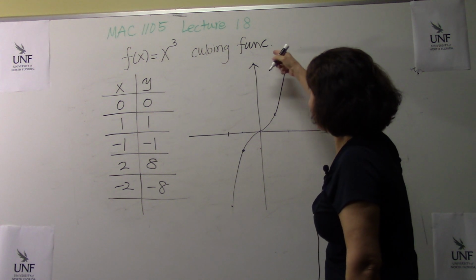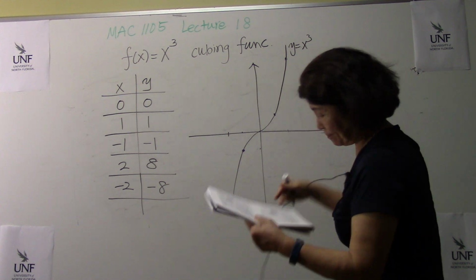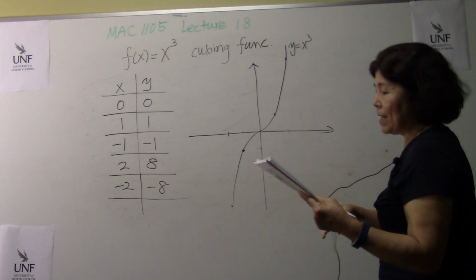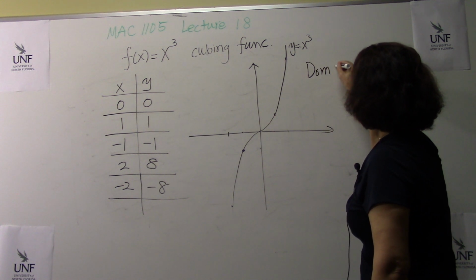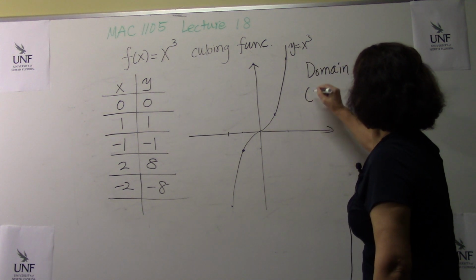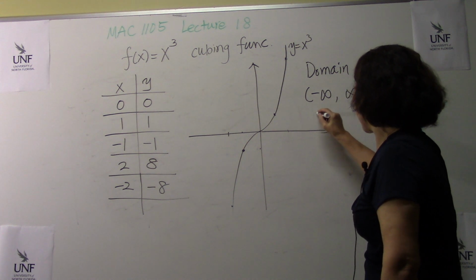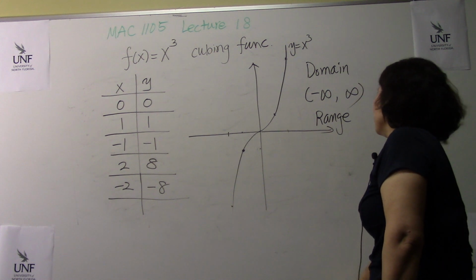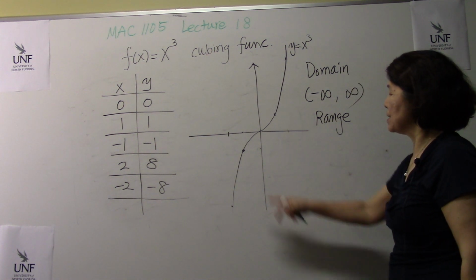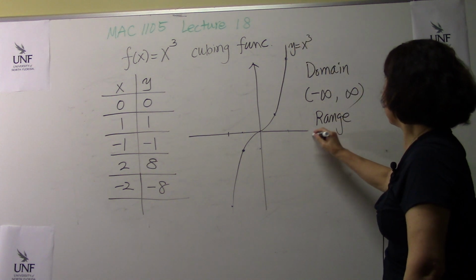This is a cubing function, so y equals, you can say, x cubed. What is the domain? Well, we can cube any real number. So in other words, all real numbers are in the domain here. What is the range? Unlike this squaring function, this range is from negative infinity to positive infinity.